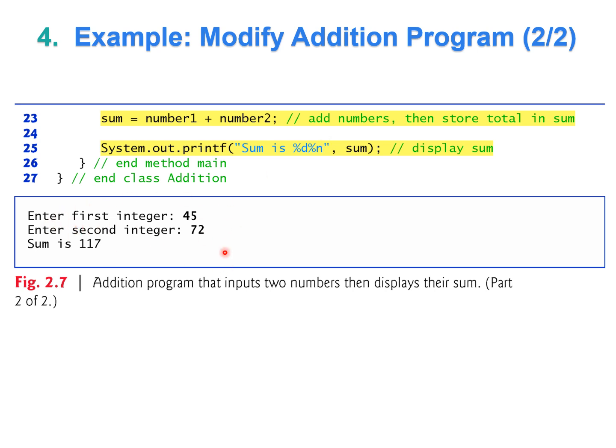When you run this program, it prints out the string, Enter first integer, and the user enters the number 45 and hits enter. Then it shows Enter second integer. Then the user enters the number 22 and hits enter. Then it displays the sum is 117.